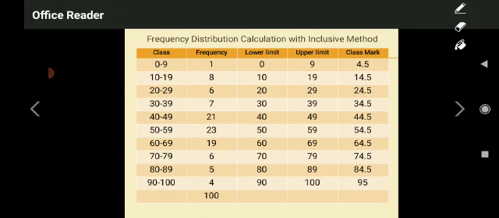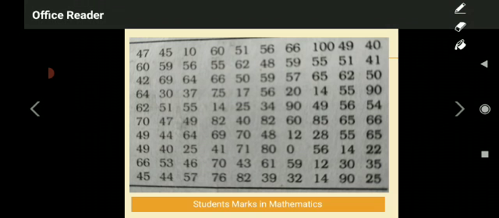And the upper limit of the first class interval and the lower limit of the second class interval are different, and the upper class limit of the first class interval is always included in the frequency distribution. So look at the data here. What does the data say?